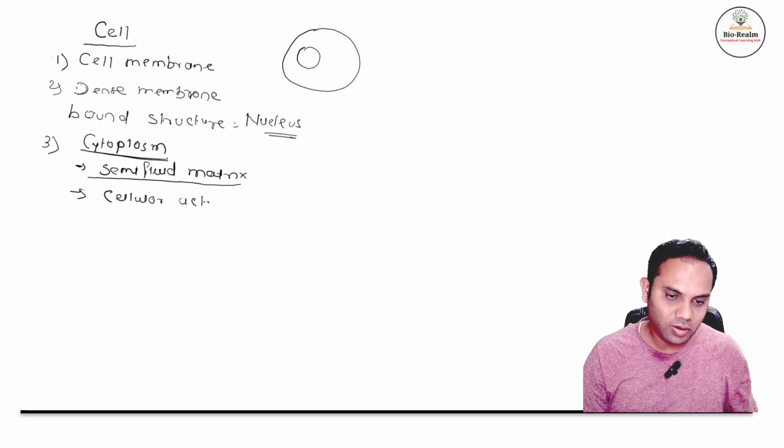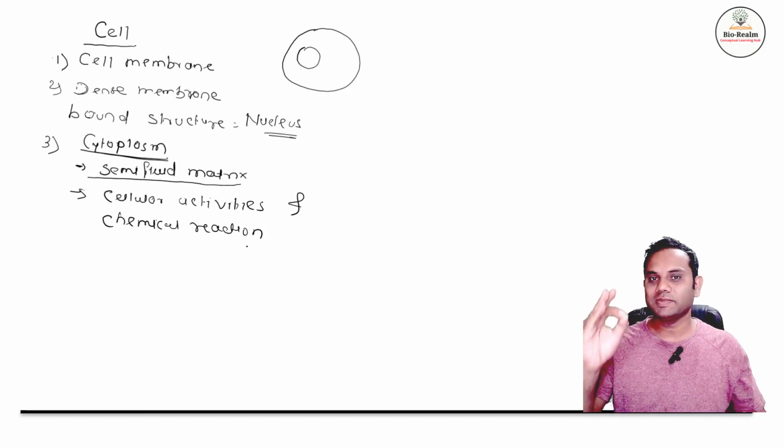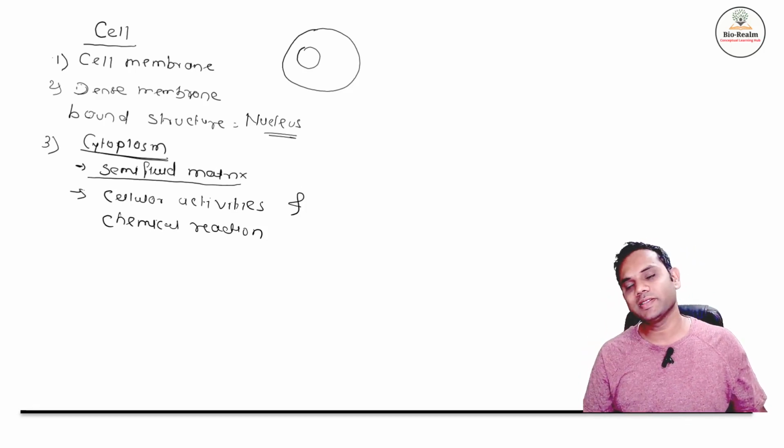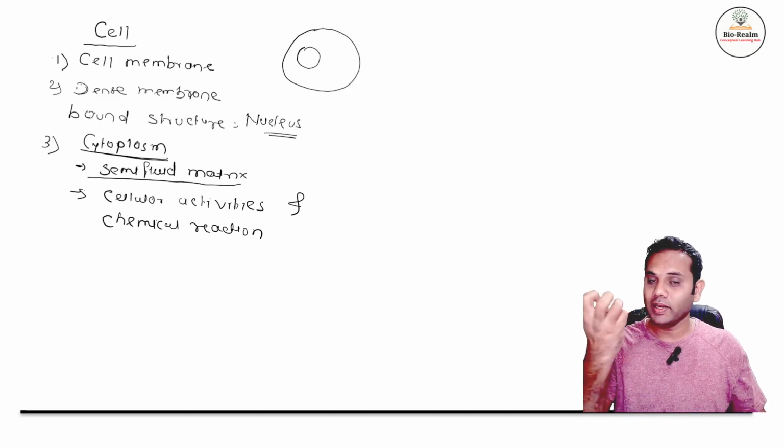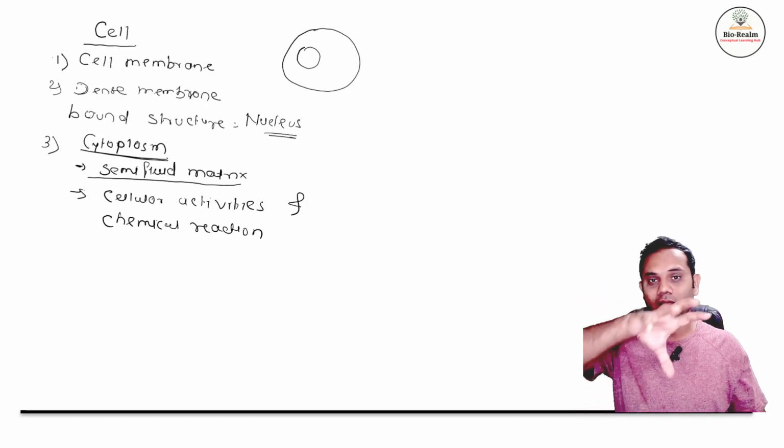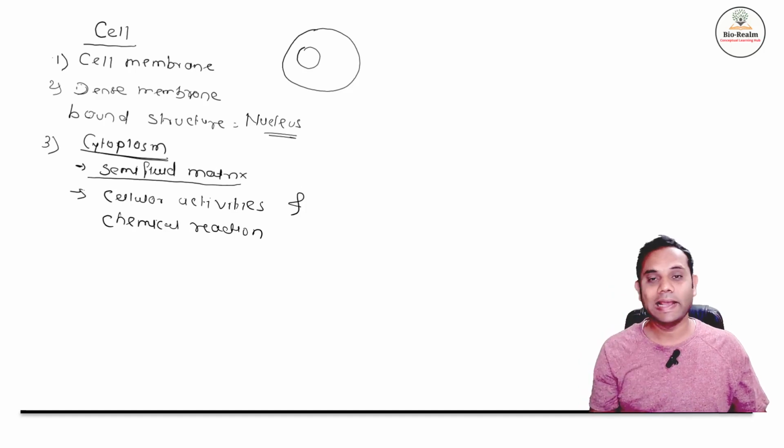Means all the cellular activities, and you can say different types of chemical reactions. So cytoplasm is a semi-fluid matrix, which is the main arena, means the place where all the cellular activities are carried out.